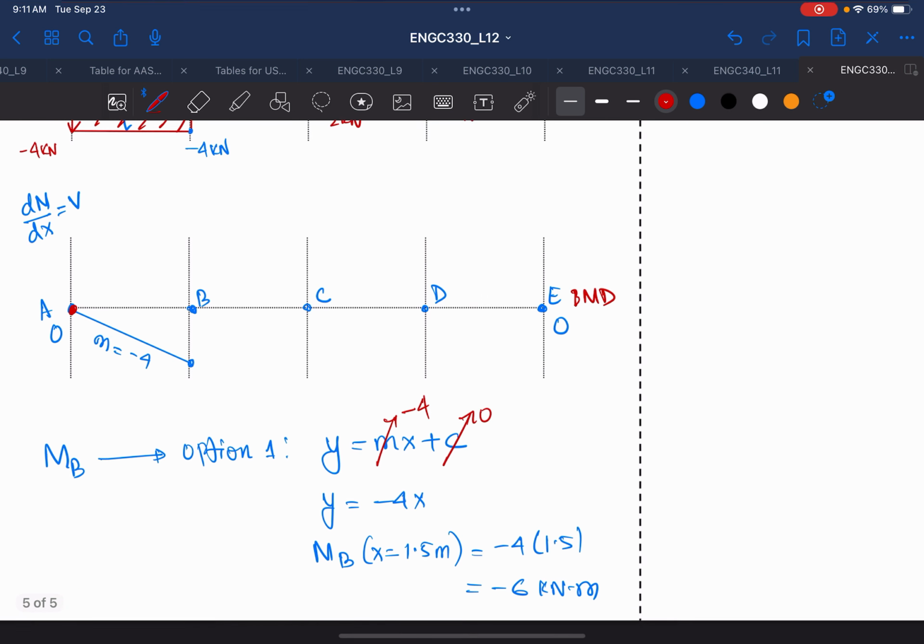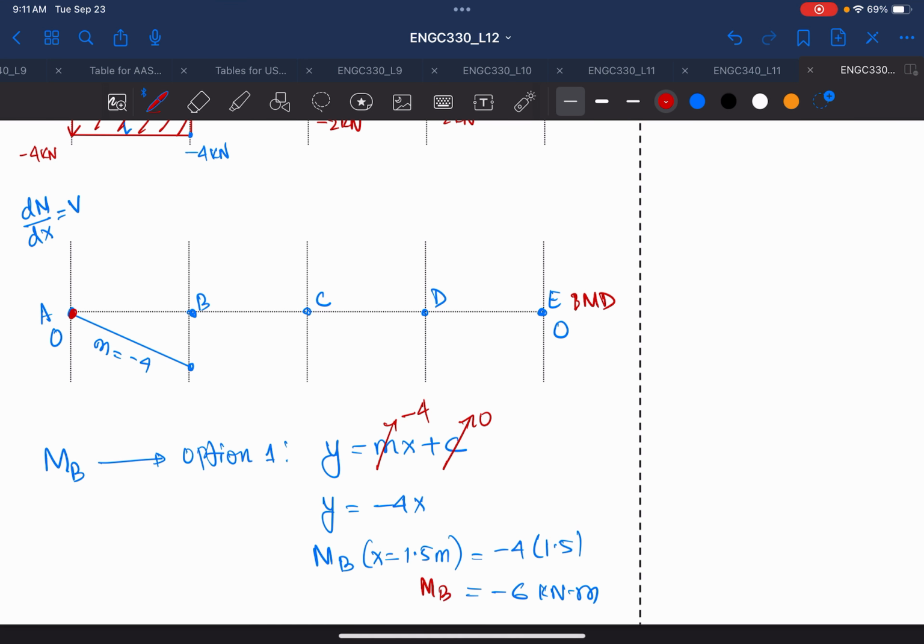You'll see that both of these answers are the same, because we can either use a linear equation, or use the area of your shear force diagram.